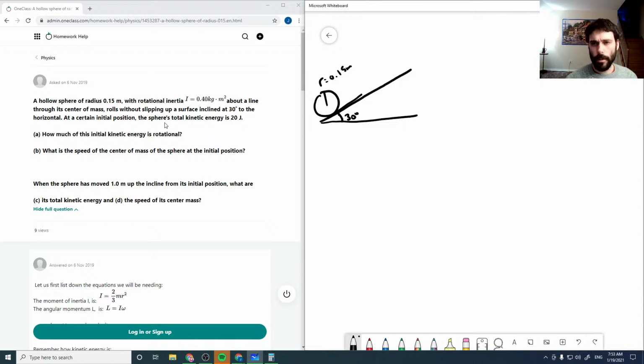The moment of inertia of the ball is 0.40. So it's given here as 0.40 kilogram meters squared.